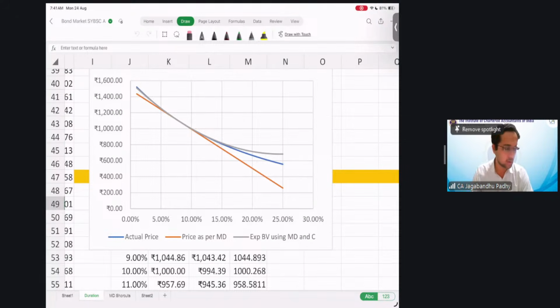1%. Have you ever heard, what's the maximum change that you observe when there is an announcement by RBI regarding the repo rate?